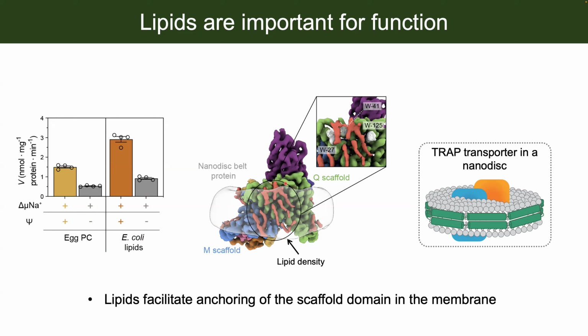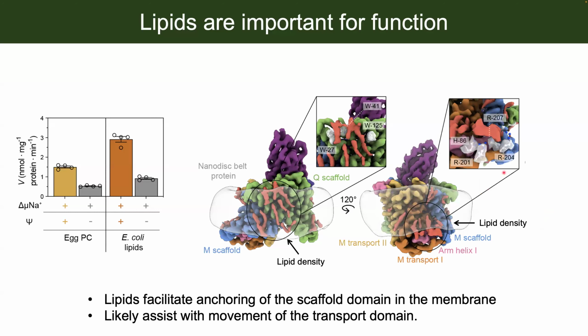Now, the best described lipids in terms of the density sit on the scaffold domain, and they intercalate these aromatic residues at the top. And so we think that these residues are here because the state of the scaffold domain is set in the membrane. And so that's holding this part of the transporter within the membrane.